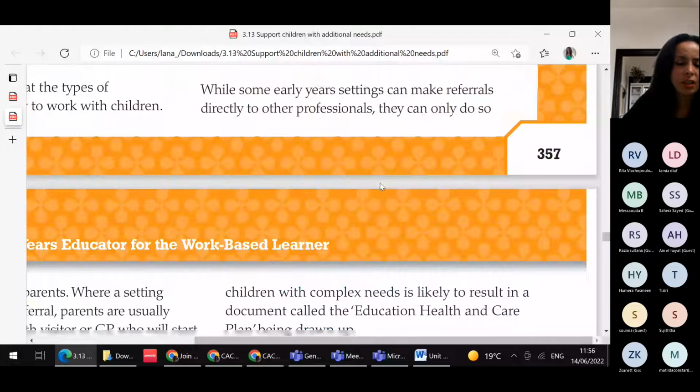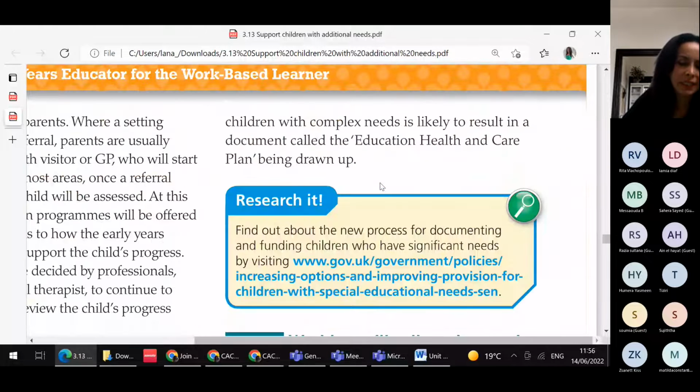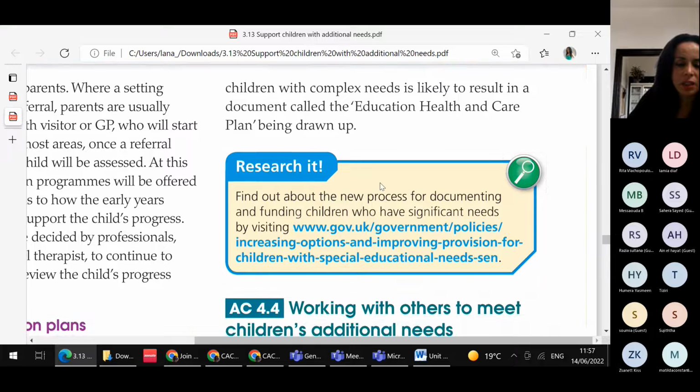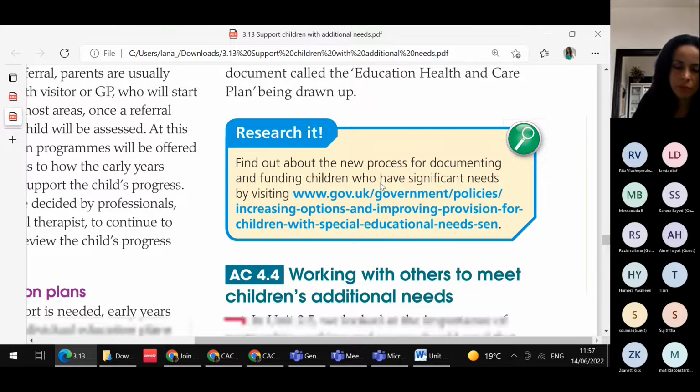If the child has also got special and complex needs, they would create another document for them called the Education, Health and Care Plan. So we can write about the child's progress, what their issues are, and how we can work on them.